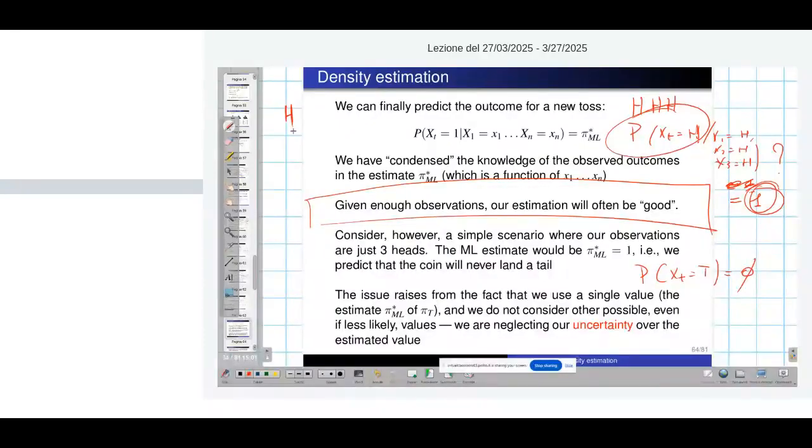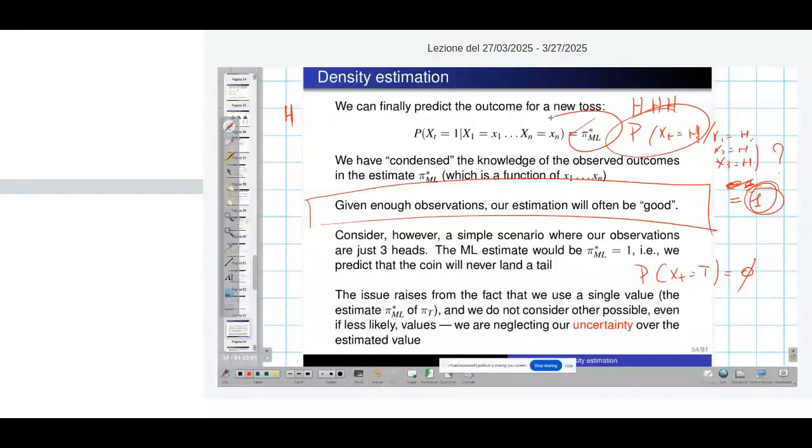If the coin was biased, in any case, the first toss would either be a head or a tail. And applying our model, we would conclude that the coin is totally biased in any case, even when it's not. The problem is that when we do the maximum likelihood estimate, we are essentially saying, as in the frequentist approach, there is 1 value, we're trying to estimate it, we have a limited amount of samples, so our estimate will not be good, and then we fail at predicting what will happen next.